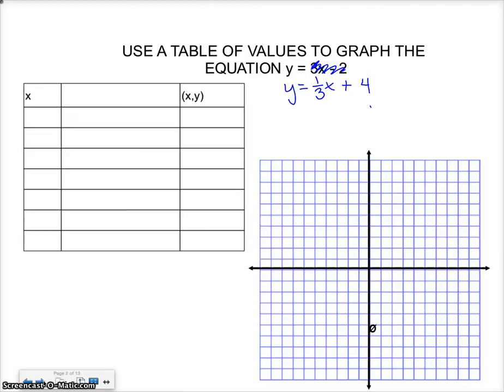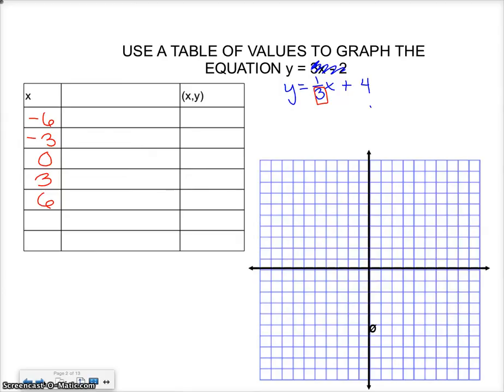So what you want to do when you pick values, make the values divisible by that denominator. What numbers are divisible by 3? 3, 6, 9. So I need some negatives, so I'm going to say -9, -6, actually that's too much. I'm going to start with -6. -6, -3, 0, 3, 6.